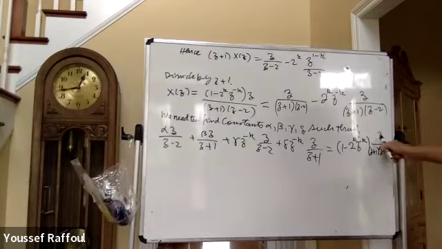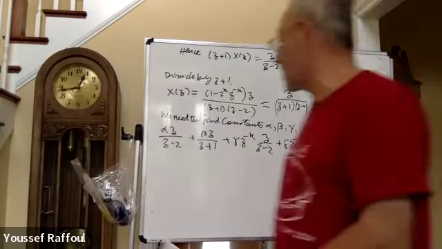All right, so I am simplifying by z on all sides.